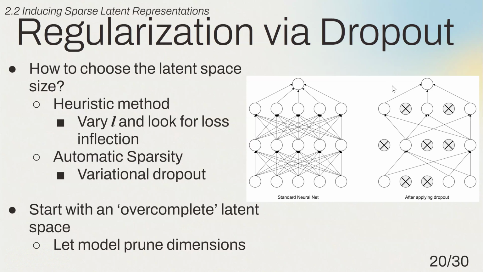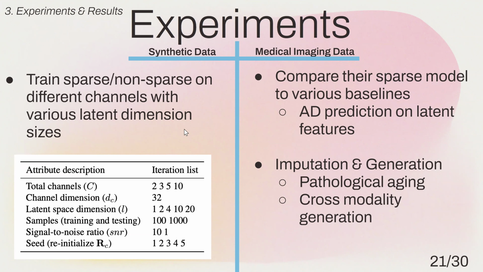So they use two different data sets for their experiments. They made a synthetic data set so that they know the ground truth, because with the neuroimage data, we have this potential latent representation that we don't really know the ground truth of. I guess that's an open question.